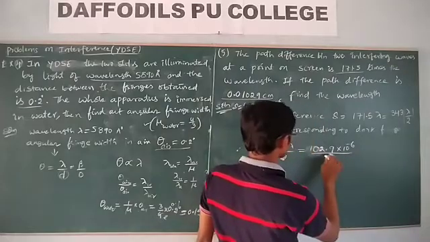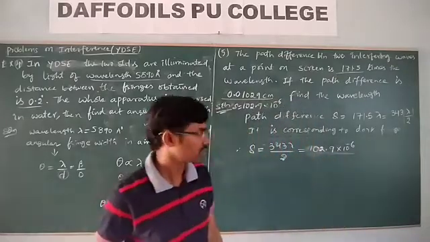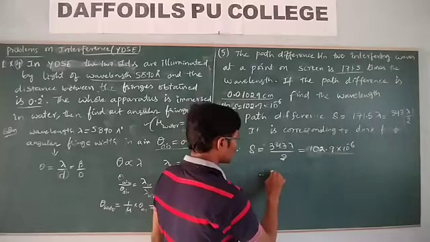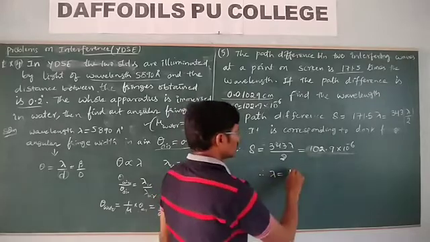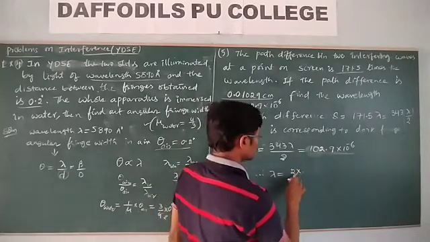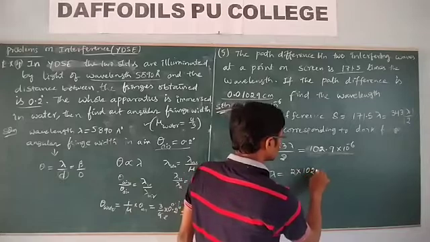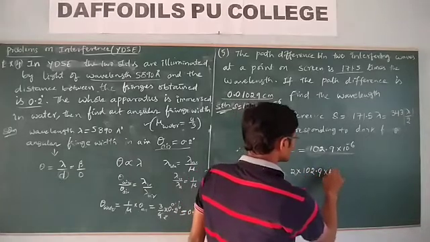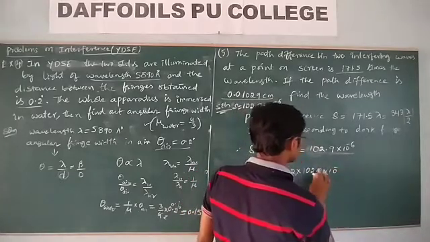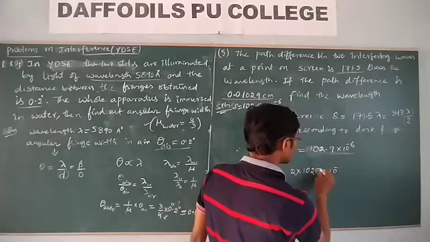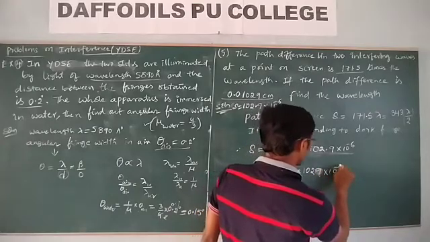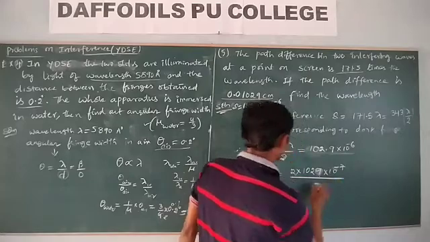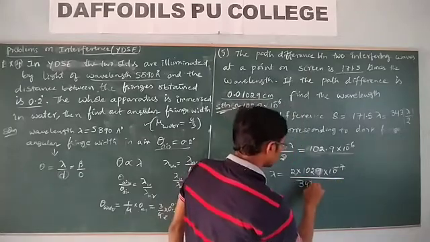Therefore lambda is equal to 2 into 102.9 into 10 power minus 6, or 1029 into 10 power minus 7, by 343.